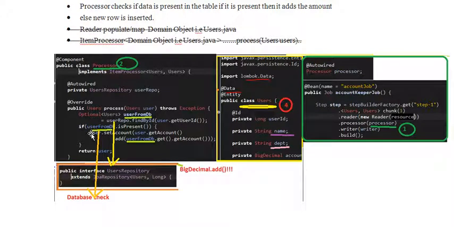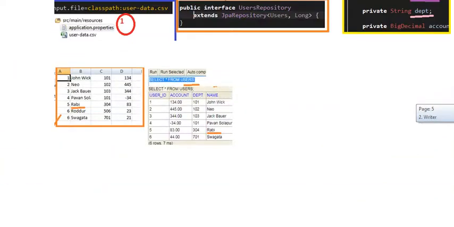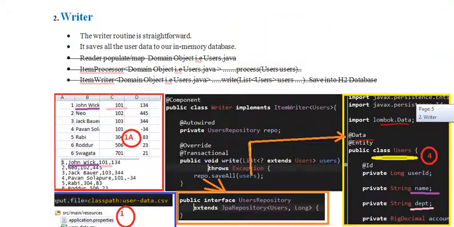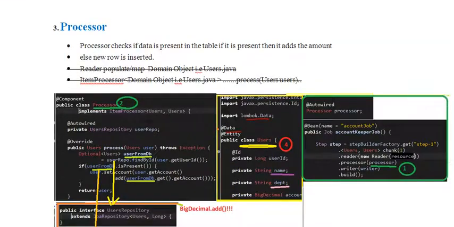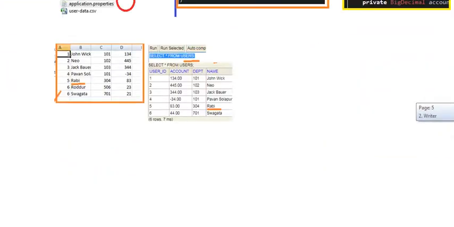Finally it will return the domain entity object which is used in the writer. So the reader populates domain objects, the item processor has that Users.java, and finally processes. And for the item writer, if you see the item processor, you will find the domain object here. Using that we do our operation.